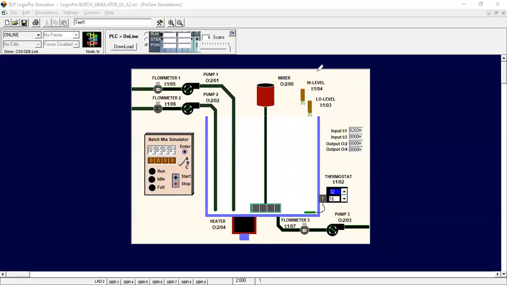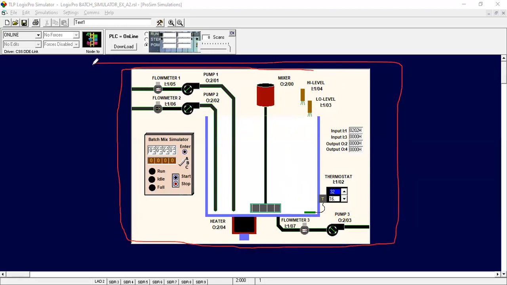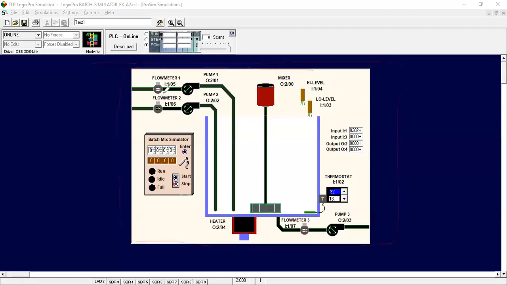So this is our application diagram. First of all, this is our control panel, where we have all the keys like inputs and outputs, LEDs, push buttons, and selector switch.